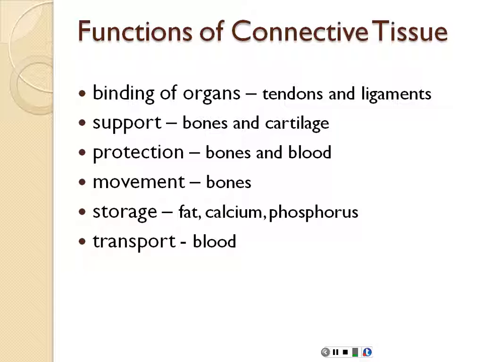Bones and cartilage are made of connective tissue. Even blood. So blood is considered a connective tissue. So they serve these functions based on where they're found in the body. Binding of organs, tendons, and ligaments.